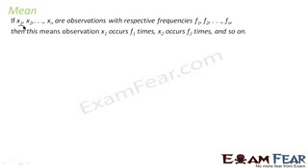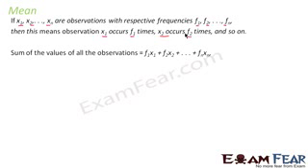If x1, x2, x3, ..., xn are n observations with frequencies f1, f2, f3, ..., fn, that is, x1 occurs f1 times, x2 occurs f2 times, and so on, then the sum of values of all observations is f1 x1 plus f2 x2 plus and so on. Let me tell you how.